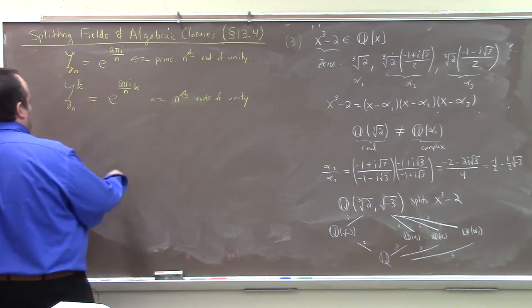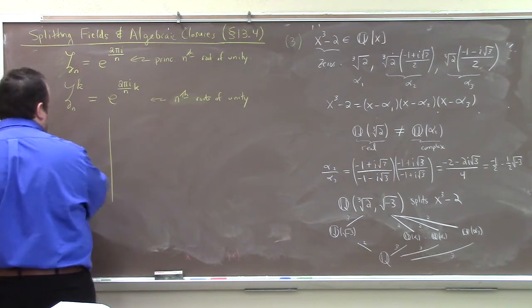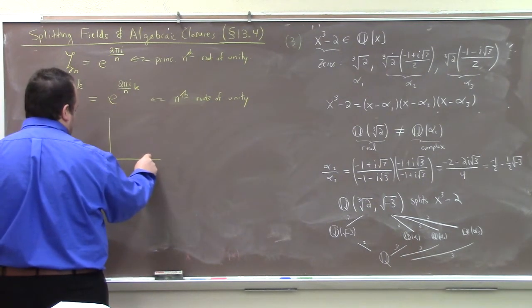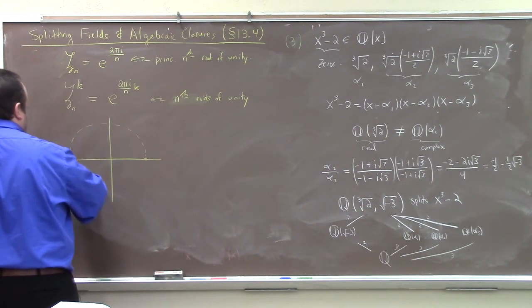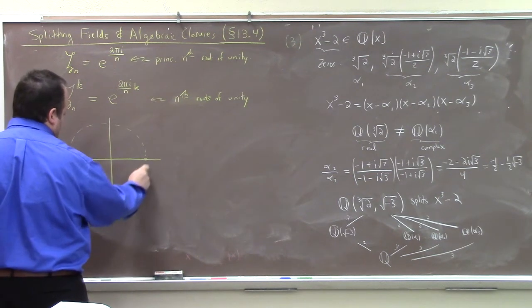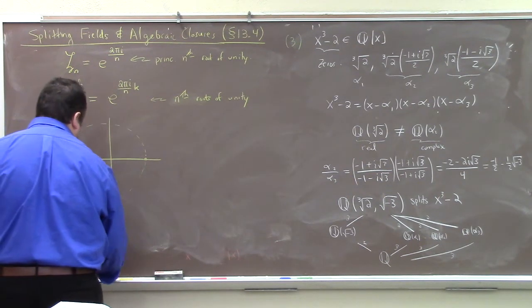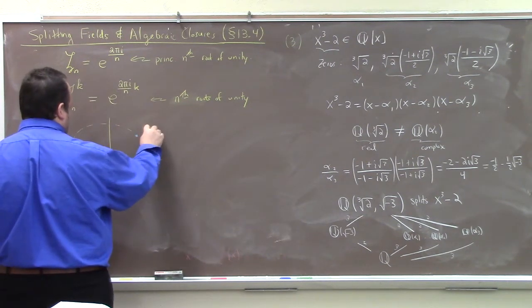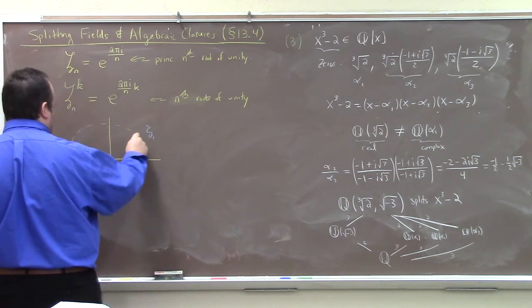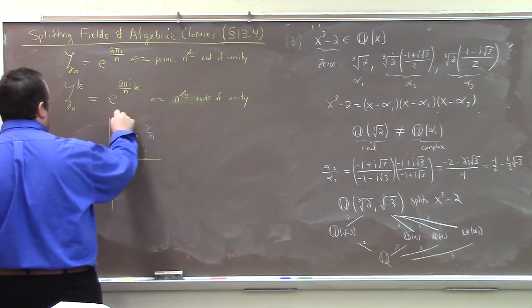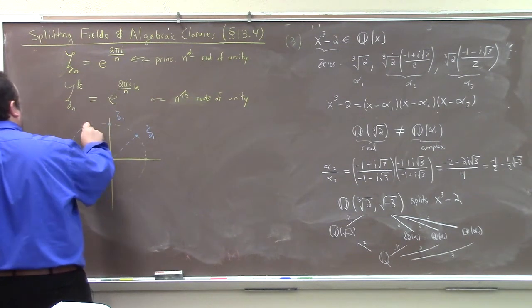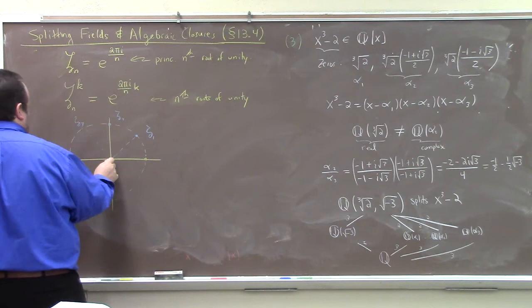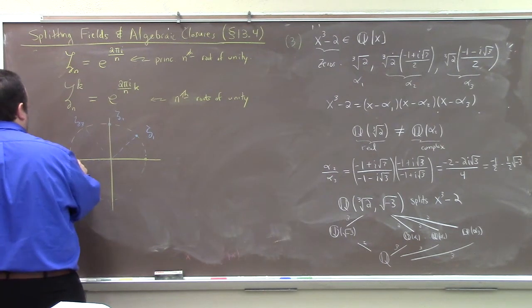So the way this works, of course, is you've got 1, and you look at the unit circle. If this is like zeta 1, then zeta 2 maybe, zeta 3, if I did it right. I didn't do it right.